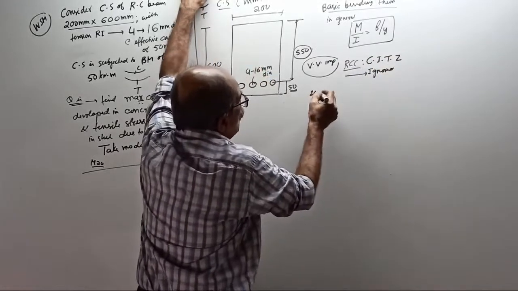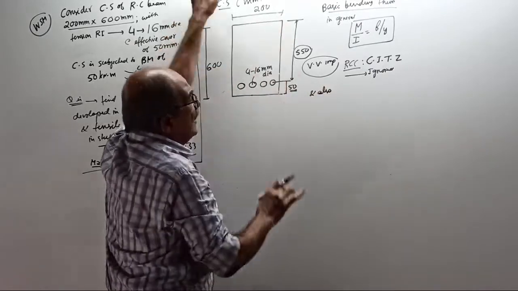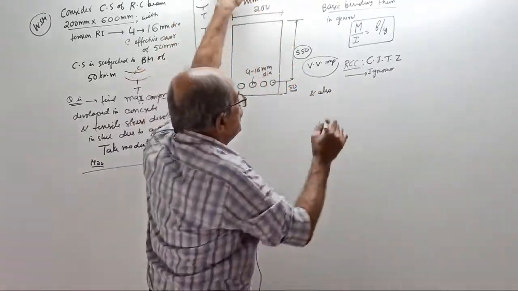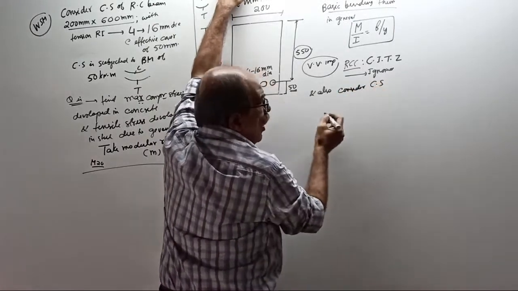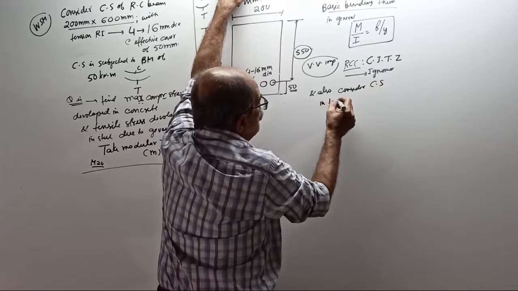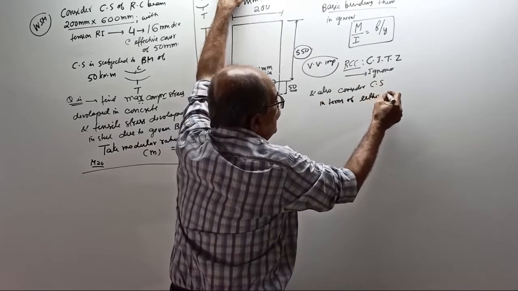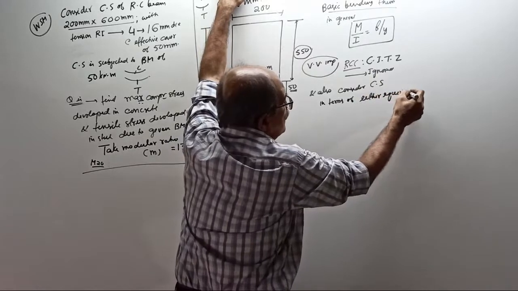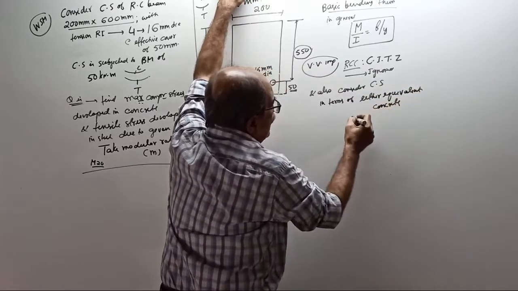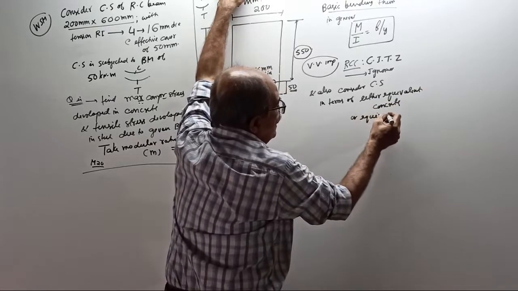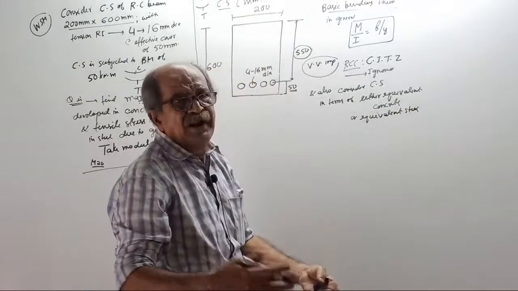And also, one of the materials is concrete, the other is steel. You should consider the cross section in terms of either equivalent concrete or equivalent steel area. Your choice. You can do whatever you want.